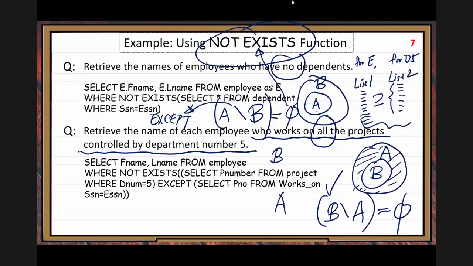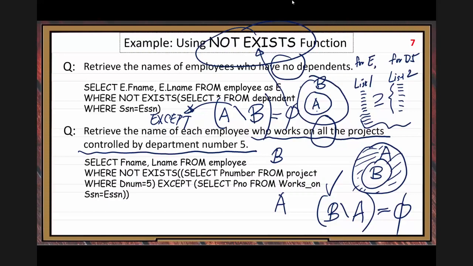So here, this negation way, when we try to represent some requirement containing the all meaning, it's very likely you can use that negation way to represent it. Not exists.